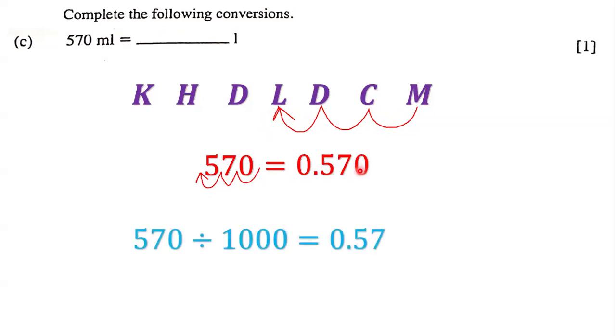It's optional. And so we're going to have 0.57 as our final answer. Again, we divide because we move to the left. And we use 1,000 because it's 3 times, right? For every time we move over, that's a 0 that we're going to use, all right?